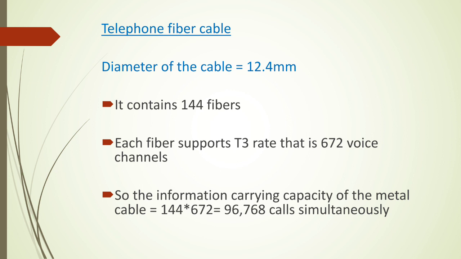So the capacity comes out to be 96,768 calls simultaneously. So this is why we say that the information carrying capacity of the fiber cable is far better than that of the metallic cable.